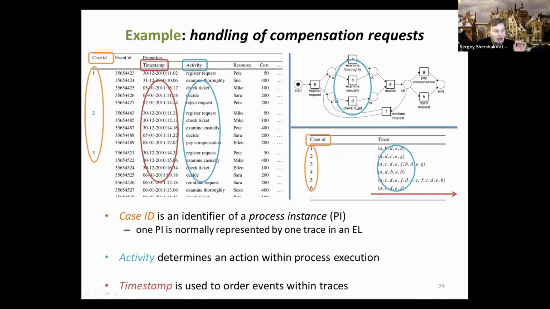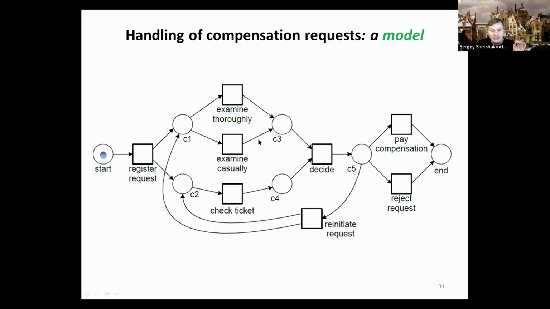Let us look at how this specific model related to this event log can be replayed, in terms of how these tokens can travel through this model in order to show a very particular execution of a process, how it can make a very particular instance of a process execution, or simply a run, which we are going to discuss in the second part.